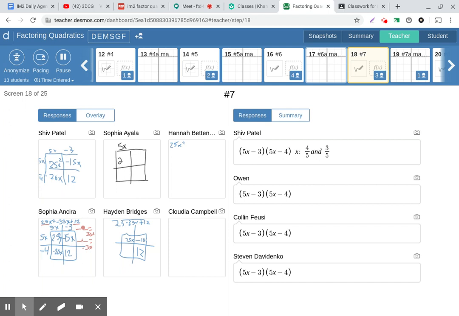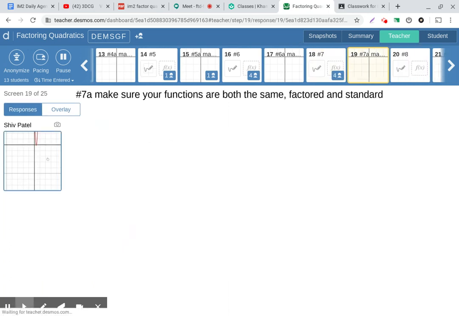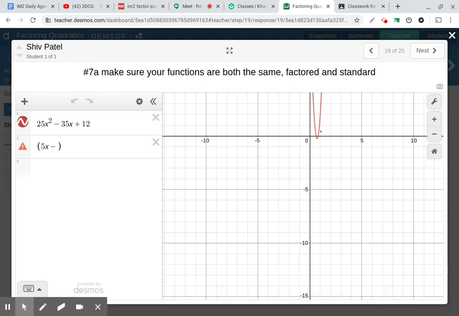You have to undo the multiplication. Good. And then watch. Click on those x-intercepts, and you'll see what they are. See.